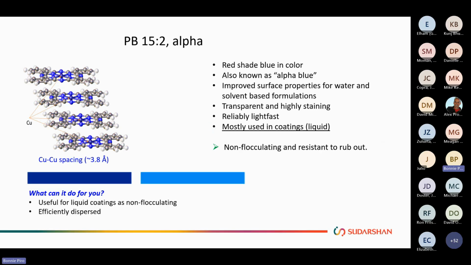The 15:2 alpha blue is typically used for liquid coatings because the extra finishing steps really do create a more efficiently dispersed pigment. It's also a little more non-flocculating in a lot of areas with respect to rub-out, and it's an offering that can go into many liquid coating spaces.